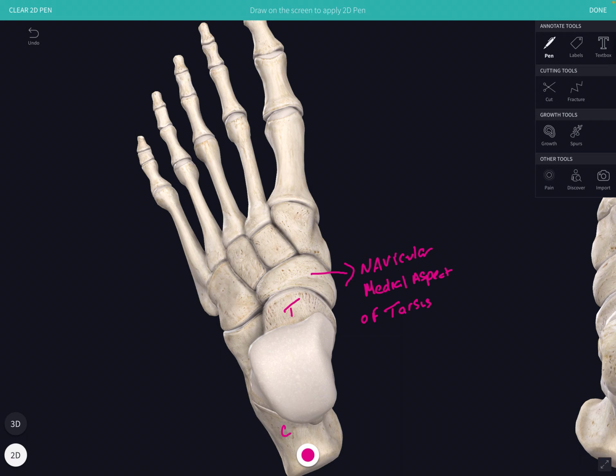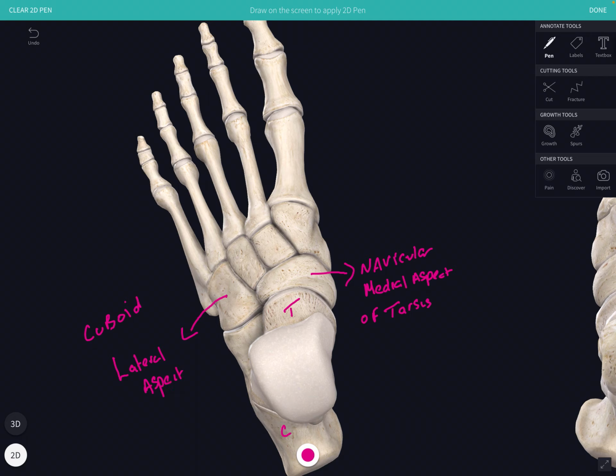If we have a look now at the cuboid, so let's pick up some details of the cuboid. So here is our cuboid. Okay, so the cuboid on the lateral aspect of the tarsus.